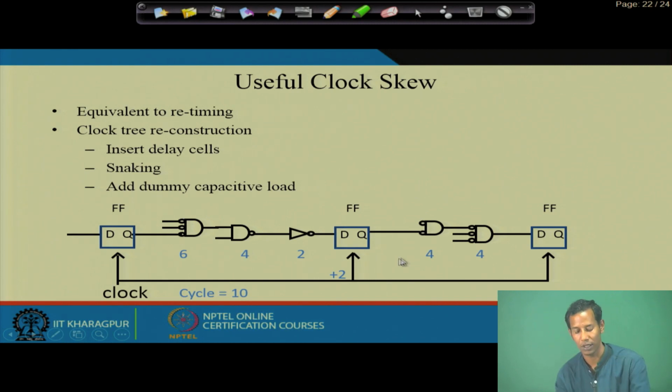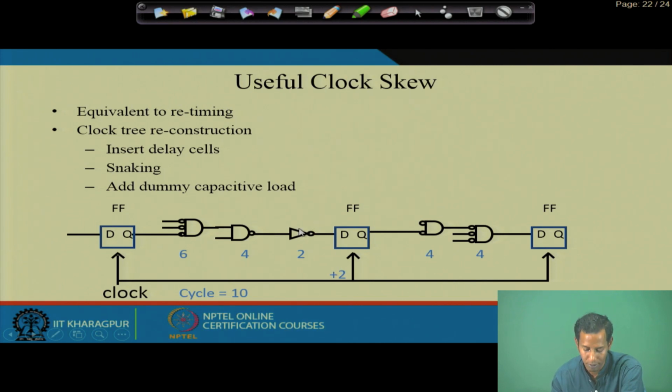Basically that means, remember the corresponding equation: T max plus T setup should be less than or equal to T cycle minus the skew.